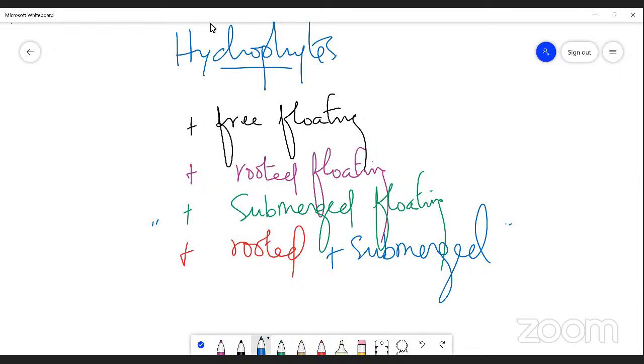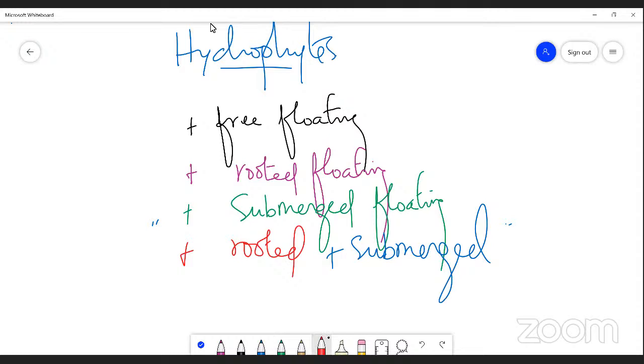The root is fixed with the soil or mud, and its branches, stem and leaves are submerged and floating in between the surface and bottom of the water. In this region you can see the root, stem and leaves are submerged. That is the fourth category of hydrophytes.